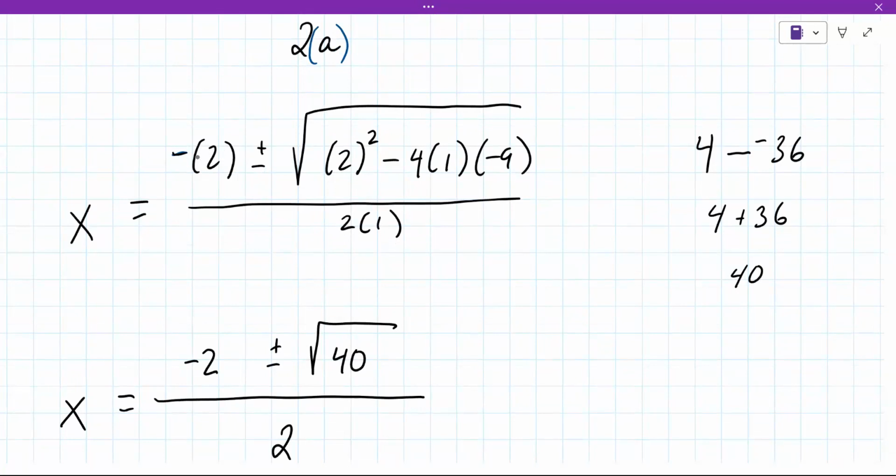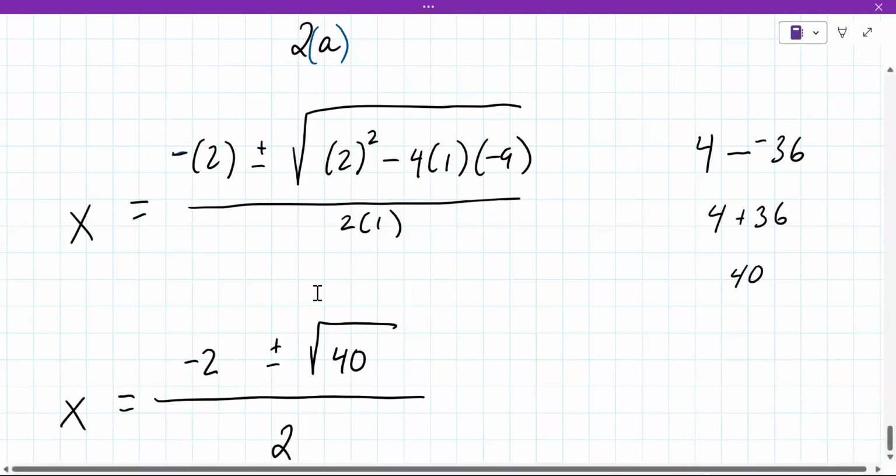All right, I'm sure you could obviously simplify the 40.